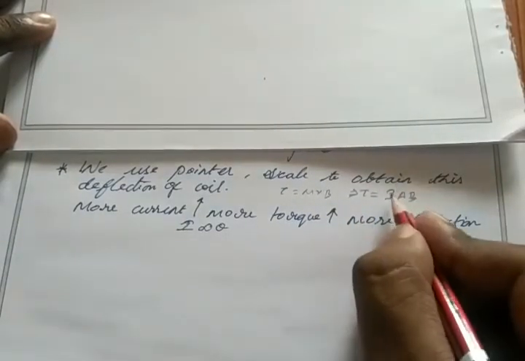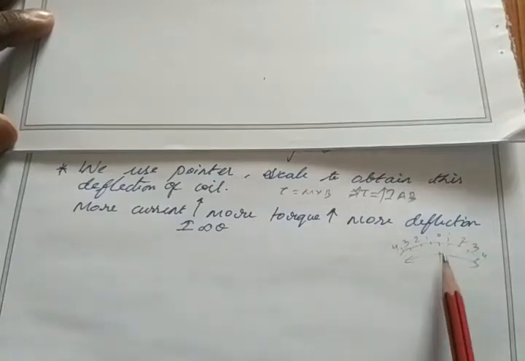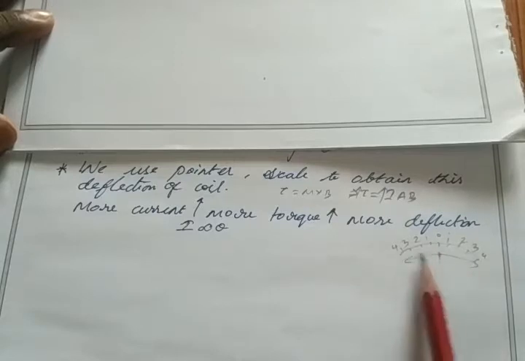So when we give more current to the coil, it will get more torque. It will tend to rotate more, get more rotational force. If the coil rotates more, then the pointer attached in this galvanometer deflects more, because of more current.